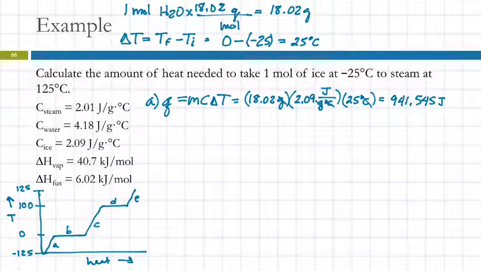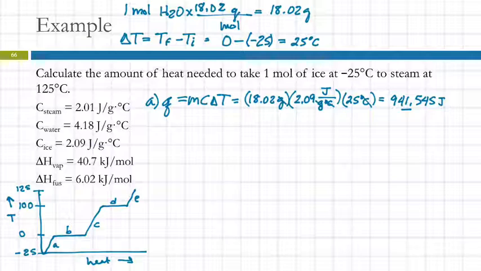If you see me doing stupid stuff like that, you're supposed to tell me, because it's not minus 125, it's minus 25. There, that's better. We're going to pretend that those temperatures are exact, and so then our value here should have 3 significant figures. And we're not going to round it yet because we're going to be adding a bunch of stuff together. So any questions about that one?